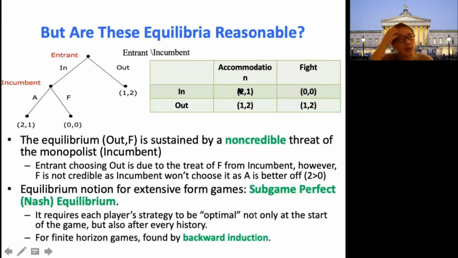So that's why we introduce the so-called subgame perfect equilibrium: we can divide all these games into a set of subgames, and we make sure that the equilibrium is also an equilibrium in all these games, and we call this equilibrium subgame perfect equilibrium. By doing this, we can get rid of this unreasonable equilibrium.